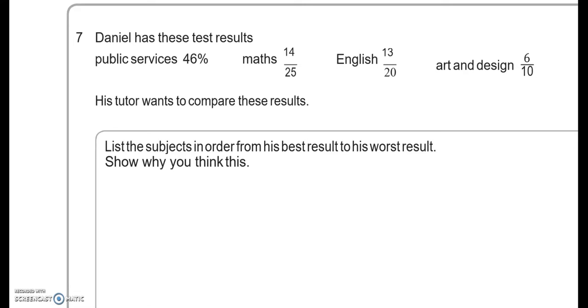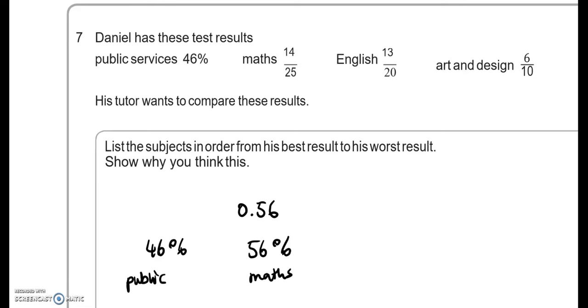And that gives us 0.56, which is 56%. So this is maths. 46% was public services.